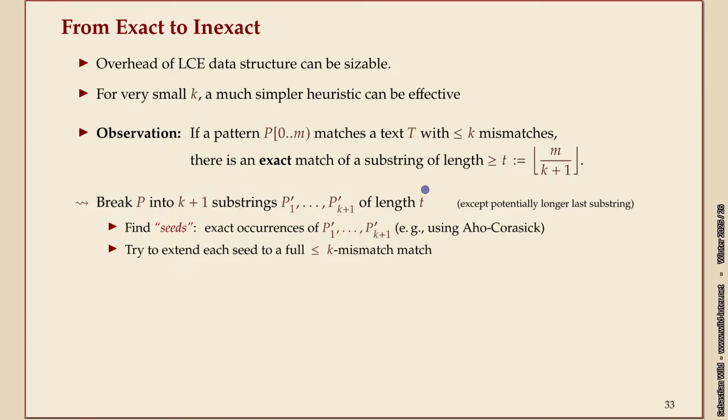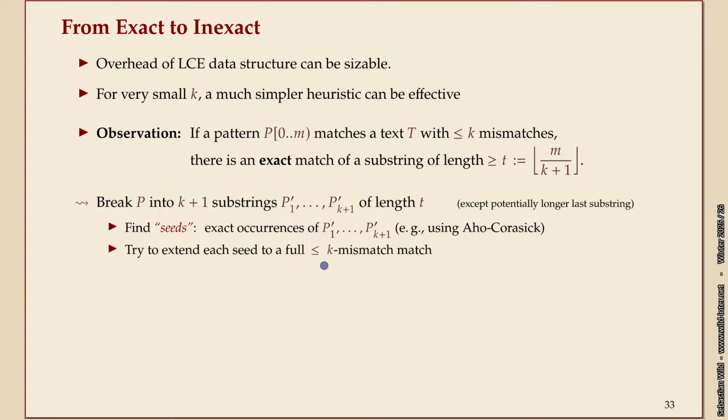Okay, simple approach. You can use whatever algorithm from our section about exact matches to find these smaller patterns. The occurrences where they occur, let's call those the seeds of a potential match. And then you can try to extend this.